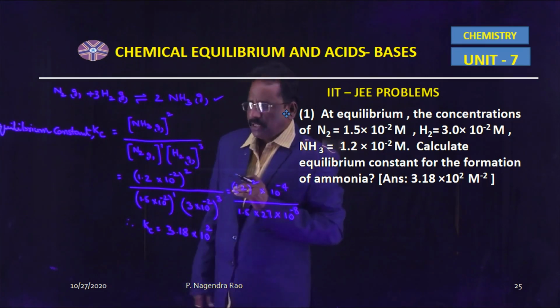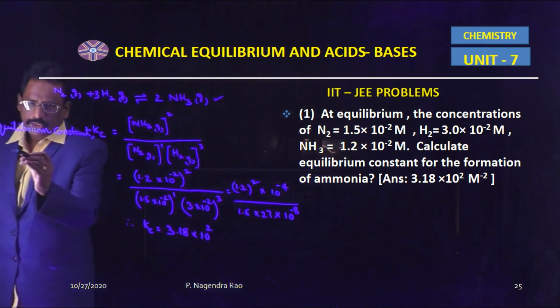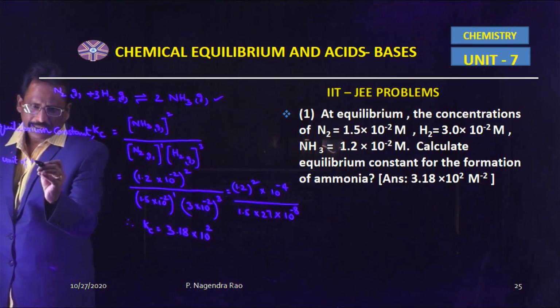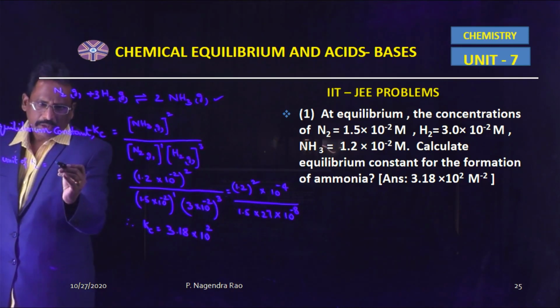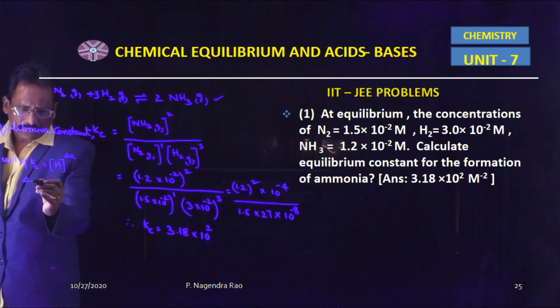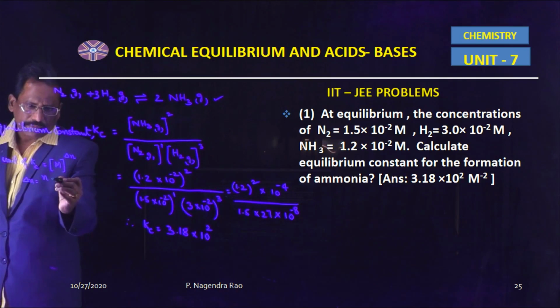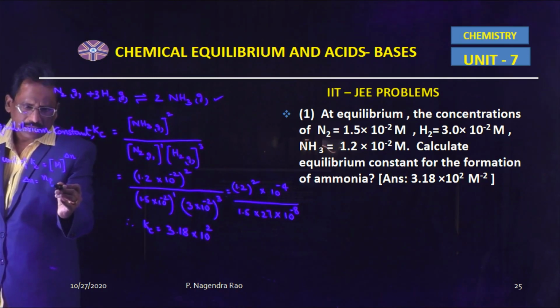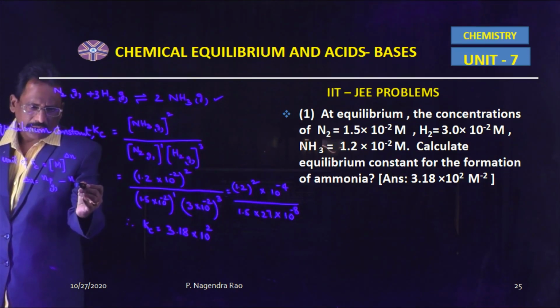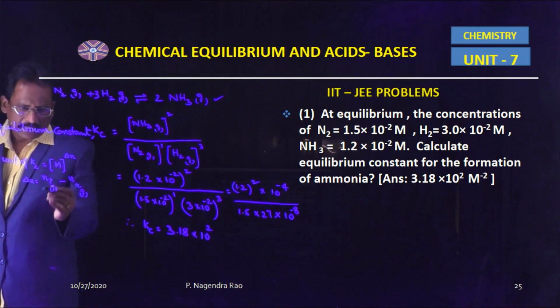And then a very important point is the unit of Kc. The unit of Kc is equal to molarity, moles per liter, whole power delta N, where delta N is equal to the total number of gaseous moles in the products minus the total number of gaseous moles in the reactants.